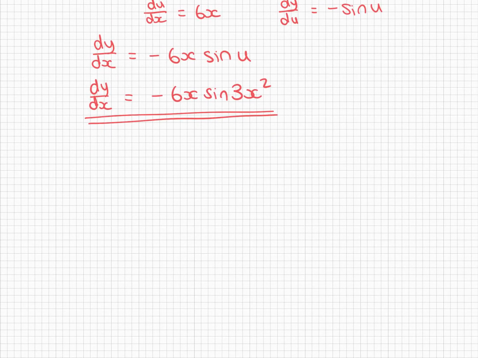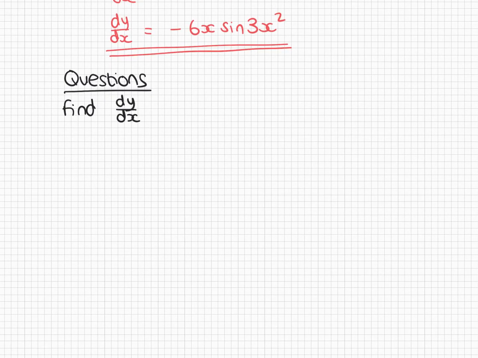Right, I'm going to give you a couple of these as a little bit of practice. Can you copy down and have a go at these few questions? All I want you to do is find dy by dx for each of these examples.